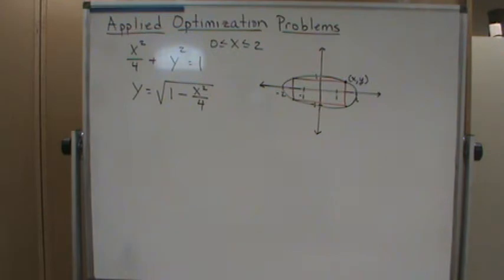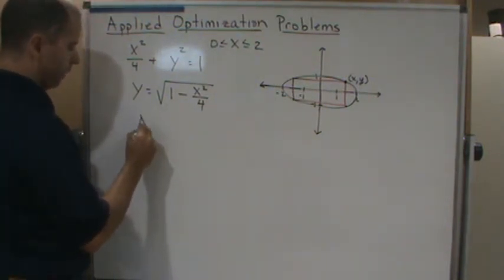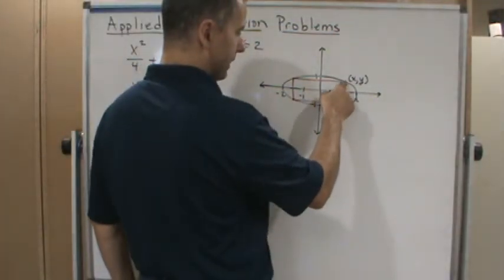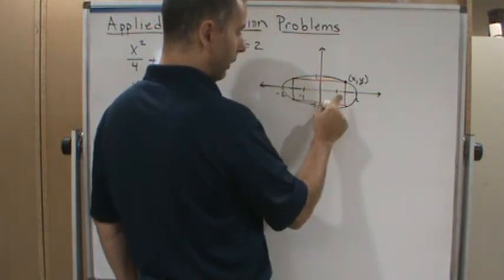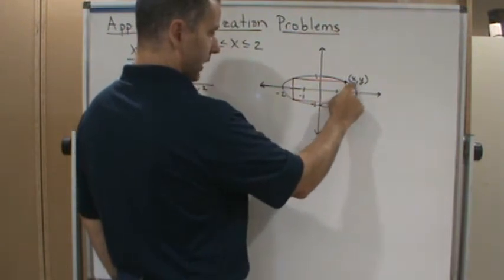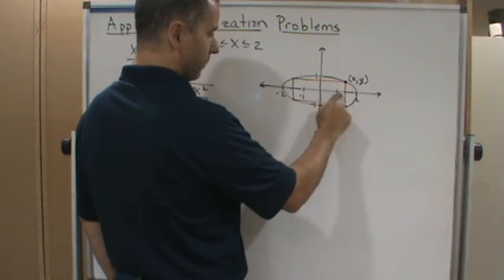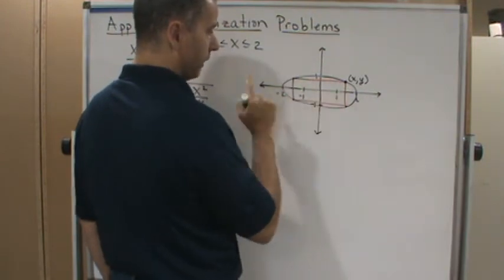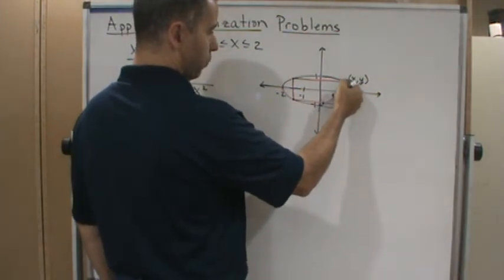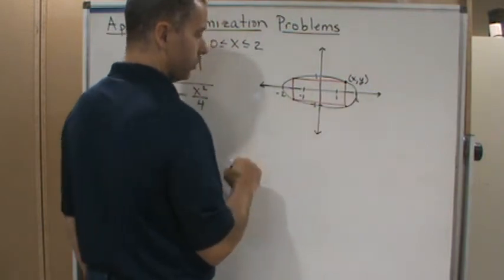Now, we also need to come up with the area formula. I'm going to do everything in terms of x. What is the area of this rectangle? Well, if I'm using xy as a coordinate, that means that this distance here is x. So the length of the rectangle is going to be 2 times x. The distance here for the point is y, so the width of the rectangle is going to be 2 times y.